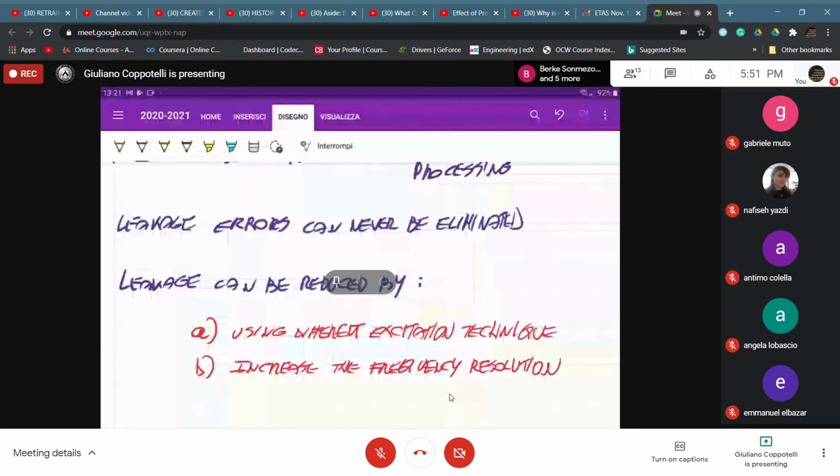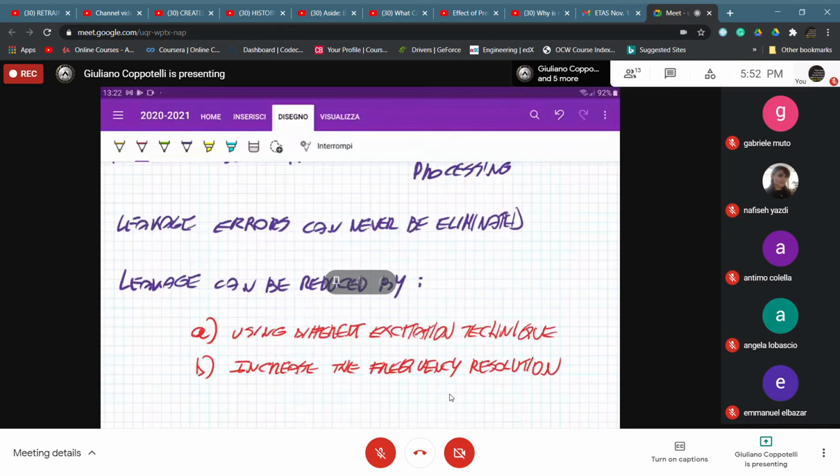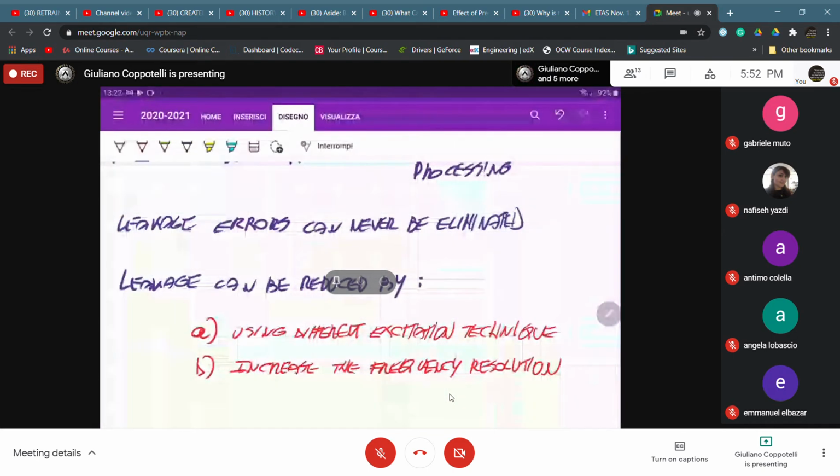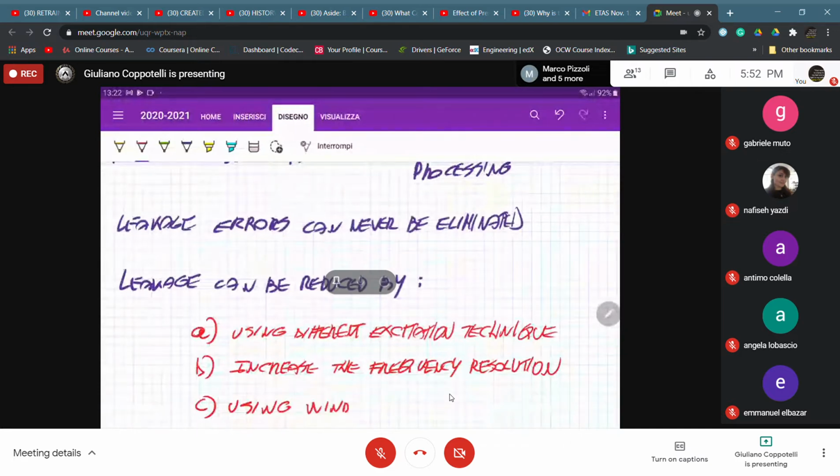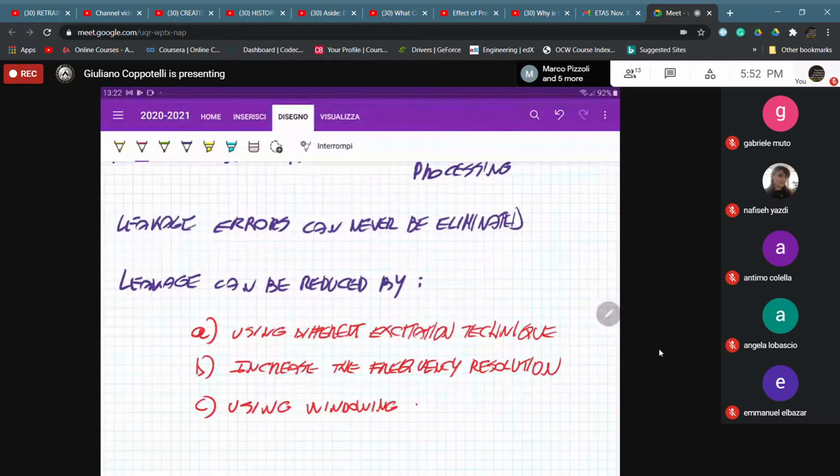That is the reason why that could be considered as reducing the leakage problem. And the third approach that we have is by using what we call windowing functions.